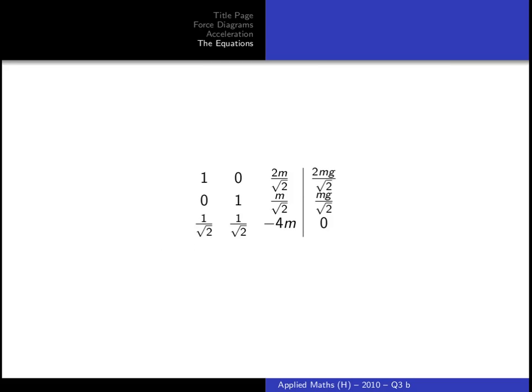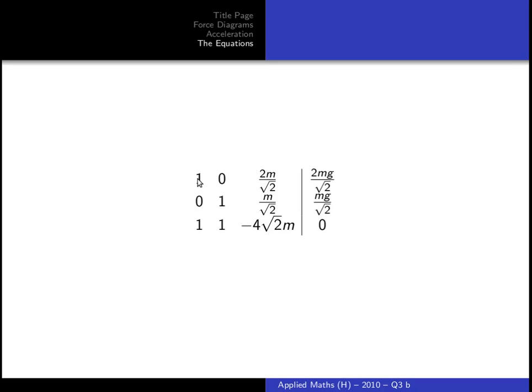Now, in the last line, I'll multiply across by root 2, so you can see from going from here to here, I just multiply everything on the last line by root 2. Now I need to get all these the same, 1, 1 and 1. There's nothing I can multiply the second row by to make this 0 become a 1, so what I'll do is I'll add the top row into the second row.